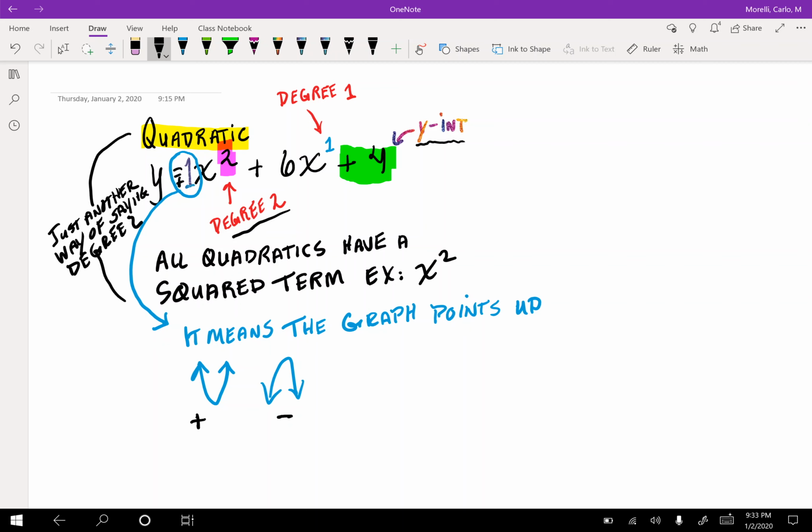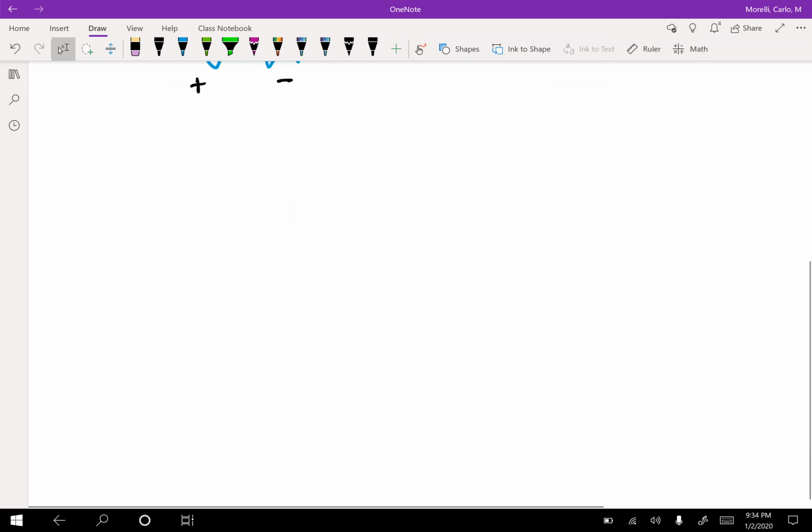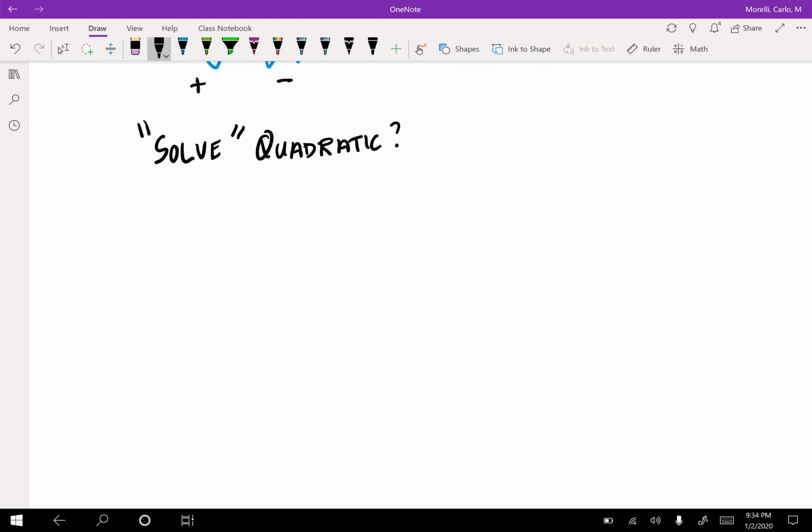Now, when people say they solve quadratics, solve, so scary. What does it mean to solve a quadratic? Well, it's not really like a normal math problem.